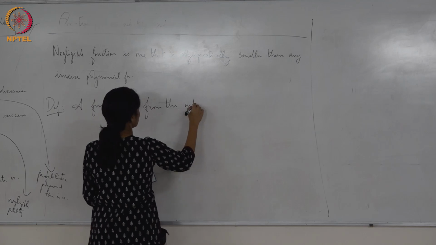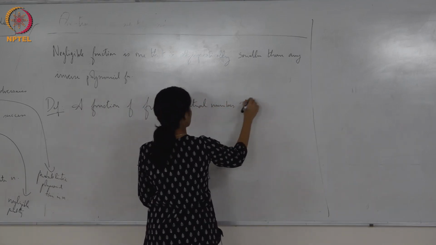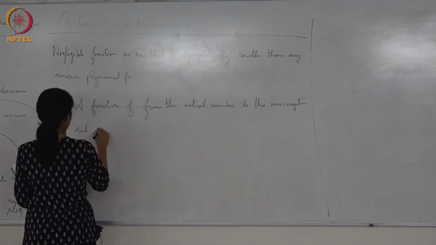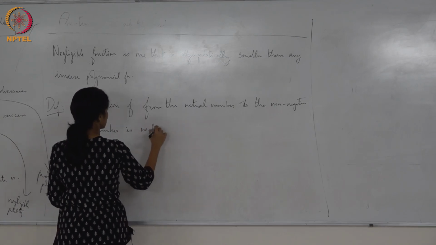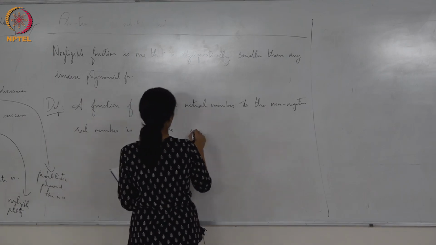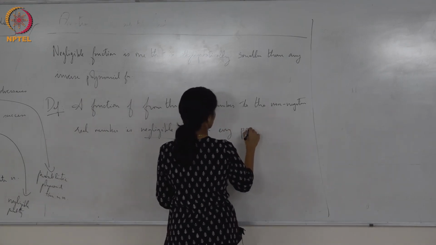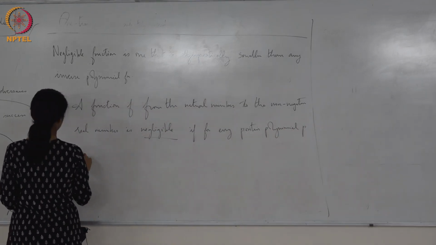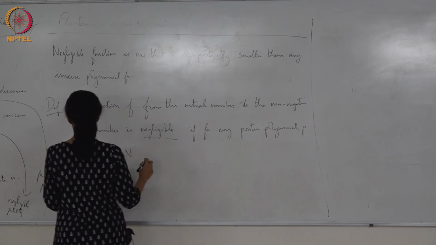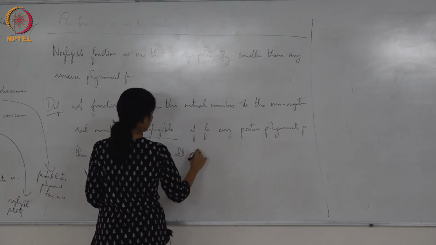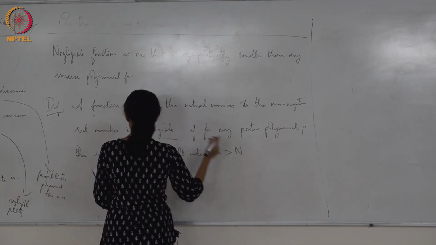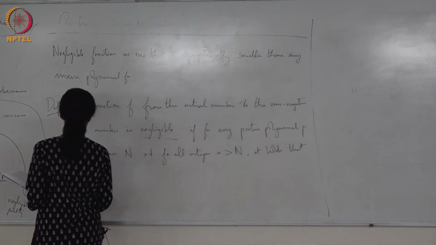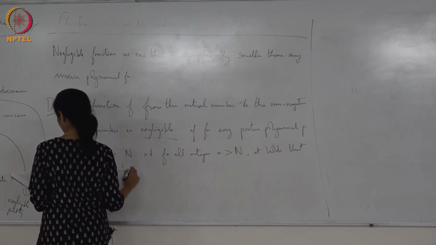So a function f from the natural numbers to the non-negative real numbers is negligible if for every positive polynomial p there is an n such that for all integers little n greater than n, it holds that f of n is less than 1 over p of n.